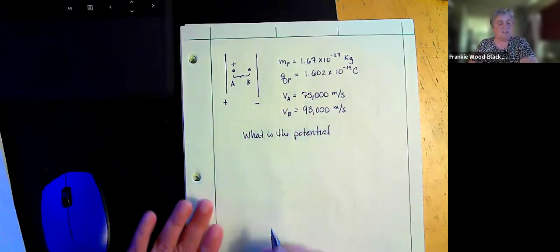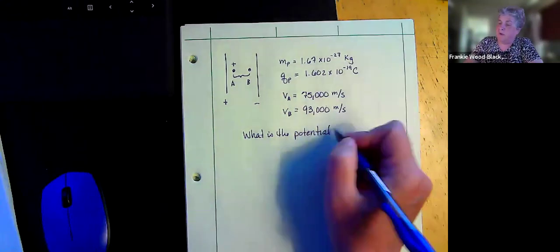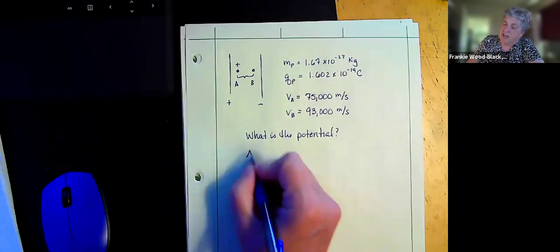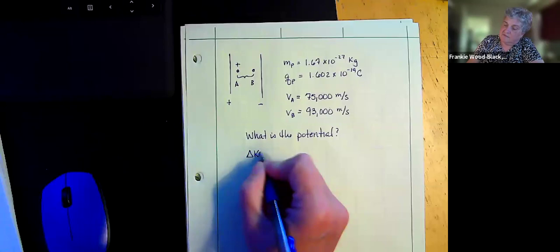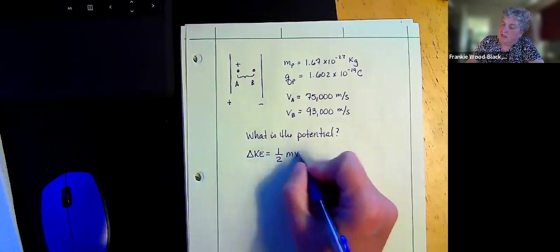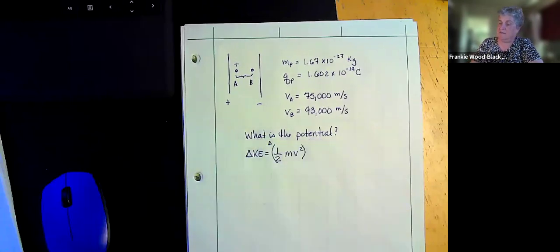So this is a little different than what we've done before. But remember, if I'm dealing with energy, I can look at my change in kinetic energy, and that's just 1/2 mv squared. I'm looking at the change in that.